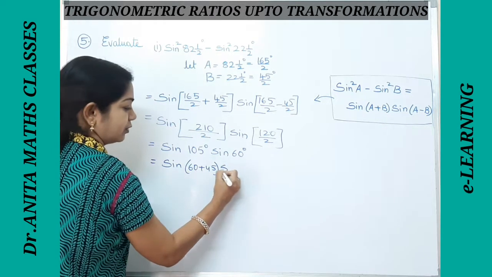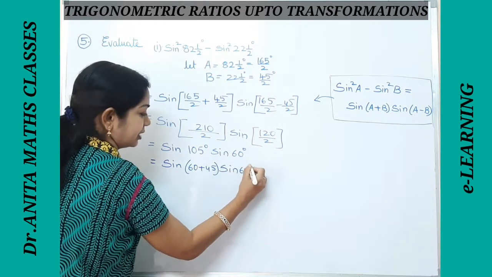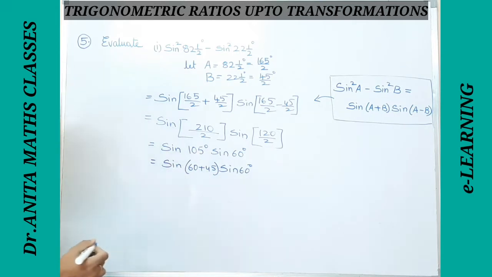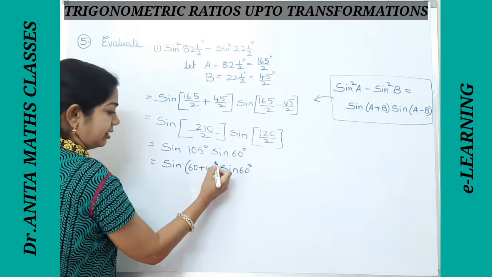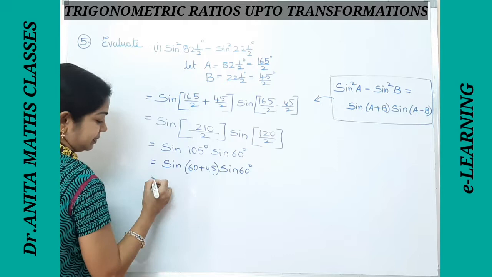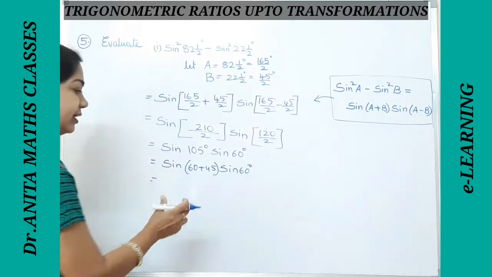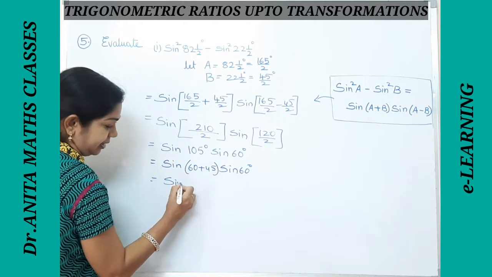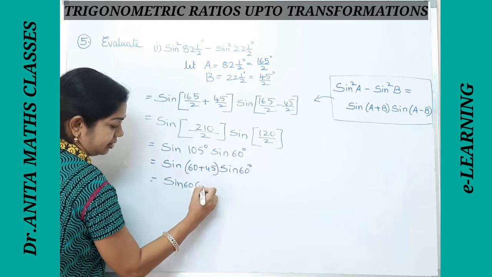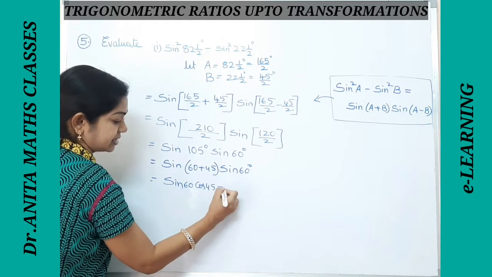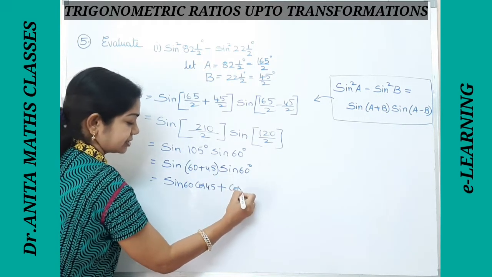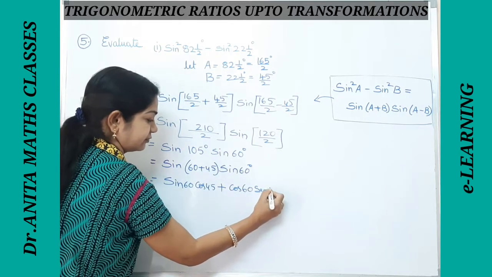If you want to get it fast, you have to know the values. You can expand sine A plus B as sine A cos B plus cos A sine B.